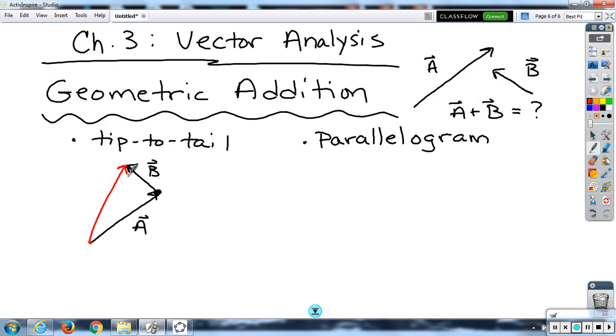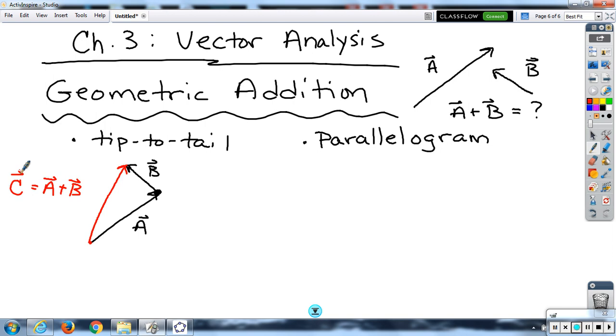So we can call this vector now the vector A plus B, or we can condense it and give it a new letter like C. So we've just created a new vector. Notice that it does not have the length of A plus the length of B. It's somewhere in the middle.